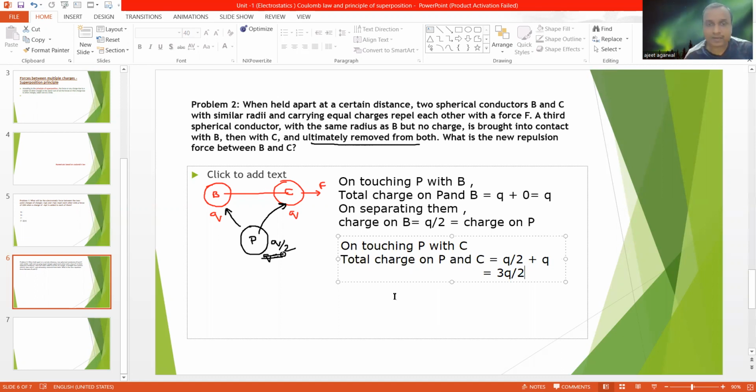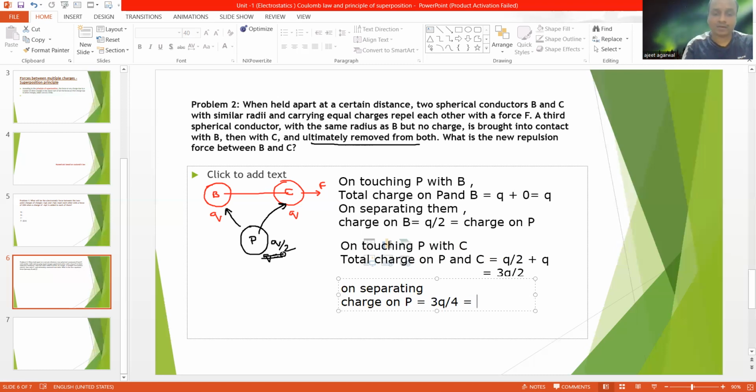Next step similar, ये हमने total charge निकालेंगे. Total charge निकाल लिए. After calculating total charge, अब इनको separate कर दें. On separating, charge on P will be half of total. Total में 3Q by 2 निकाला था, तो it will be 3Q by 4 now.